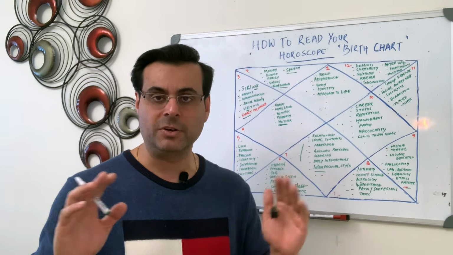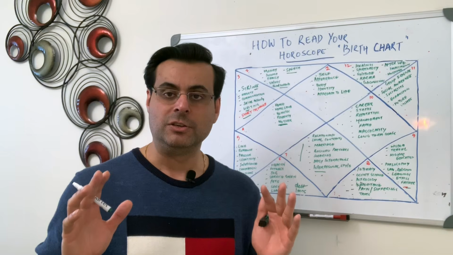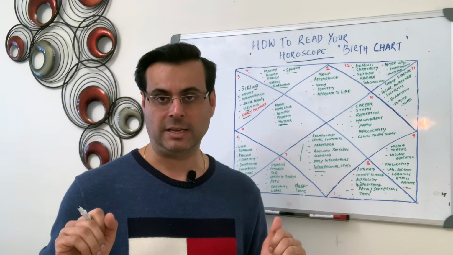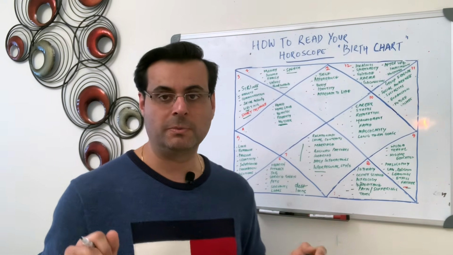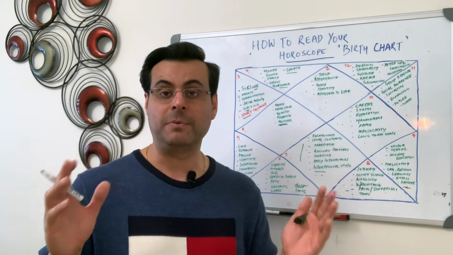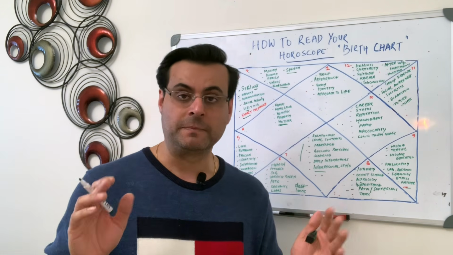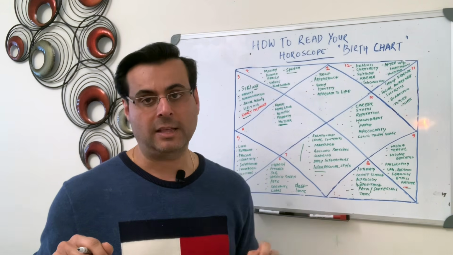We'll talk about it when we talk about how we combine the houses together to know what results we will get. This house also talks about asylum and jail. If you happen to be a worker in a jail or in a place of asylum, this house talks about that.